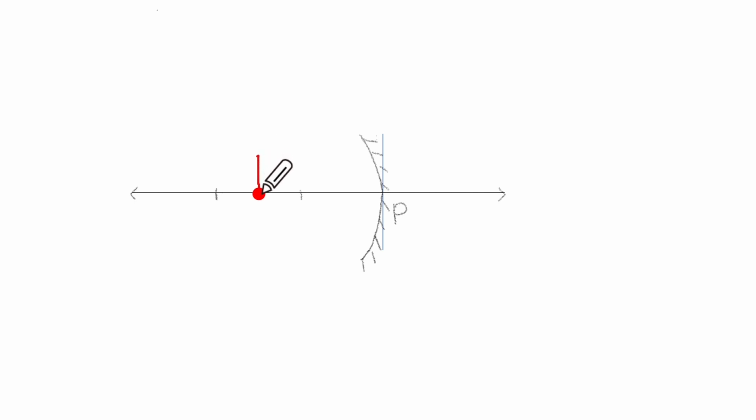Now if I have the object, remember the object is always in front of the mirror because this is the coated surface and this is the shiny surface. In the shiny surface, we will see the reflection of the object. So the object is going to be from P up to here.